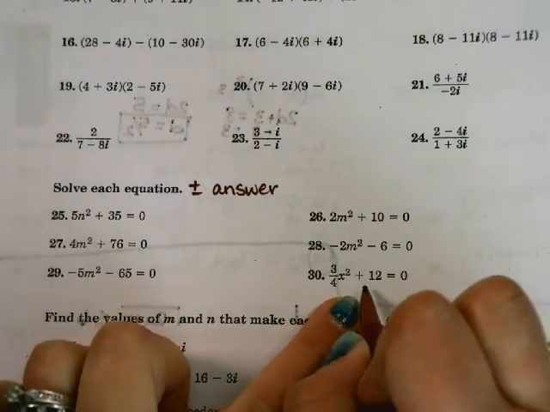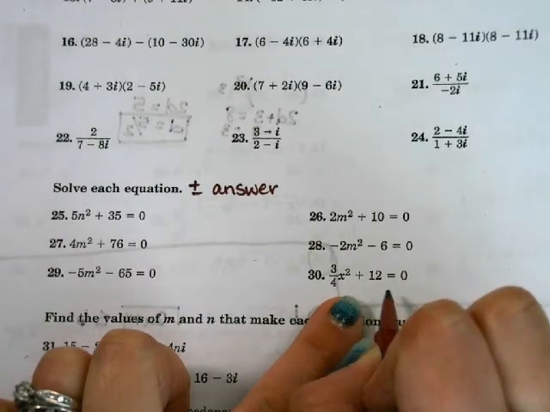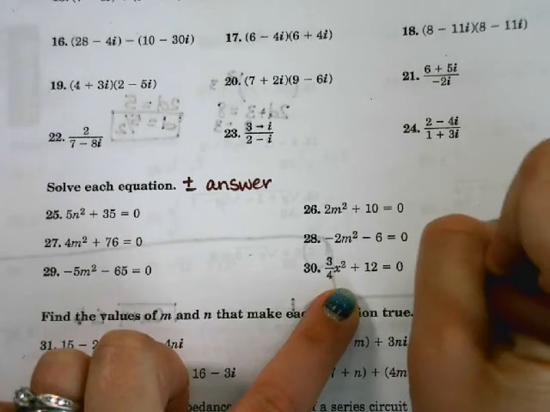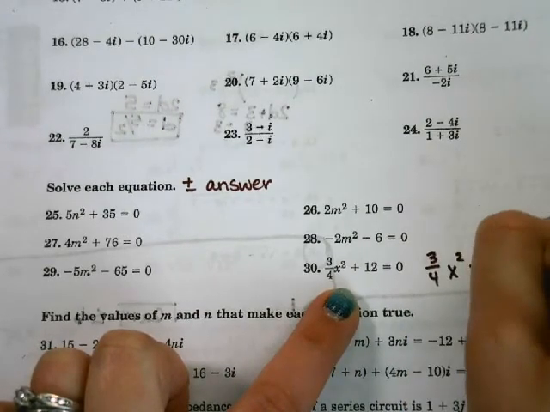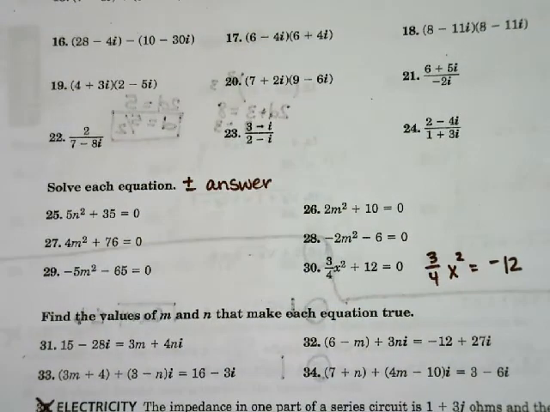Okay, so 30, it says solve this guy. So I'm going to move the 12 to the other side. So I have 3/4 x squared equals a negative 12. Now, it's a fraction. I can't divide fractions, so I'm going to multiply by the reciprocal.